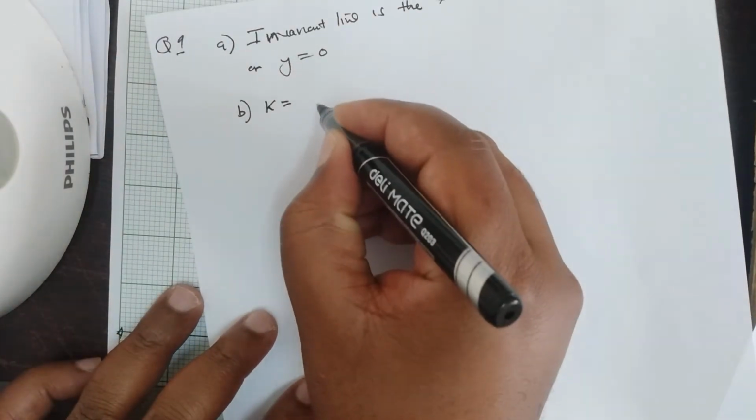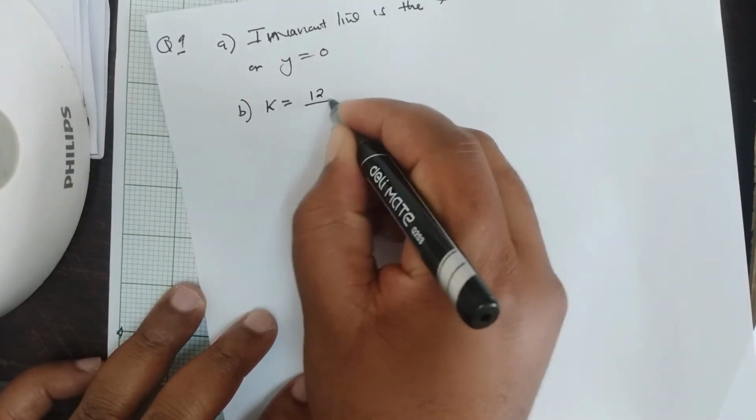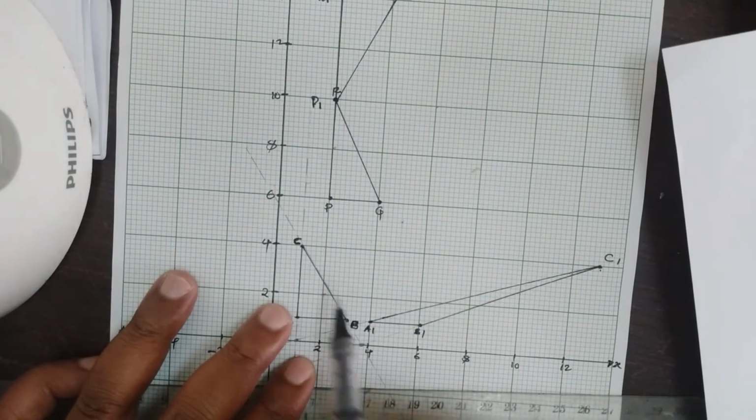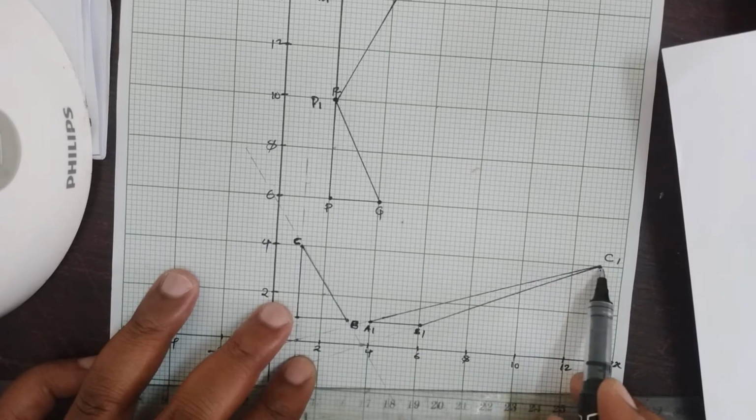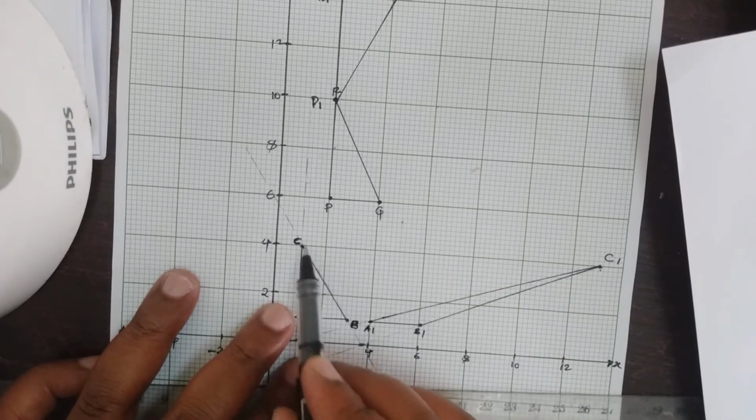Or you can say from here it is 2, 4, 6, 8, 10. Again, there's 1 here, 11, plus this one, 12.